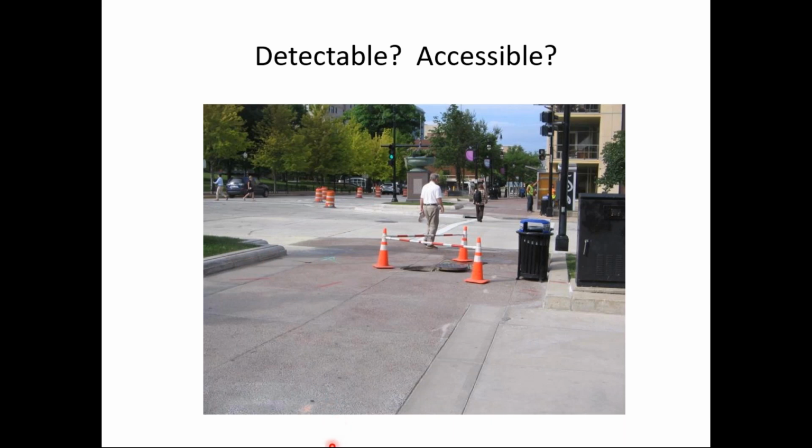It's somewhat detectable. Like I said, I want to improve it a little bit. And this spotter should be here to make sure that no one can enter this side of the sidewalk, or if he or she sees people with vision disabilities or someone with a mobility disability, they can help them get through the area.